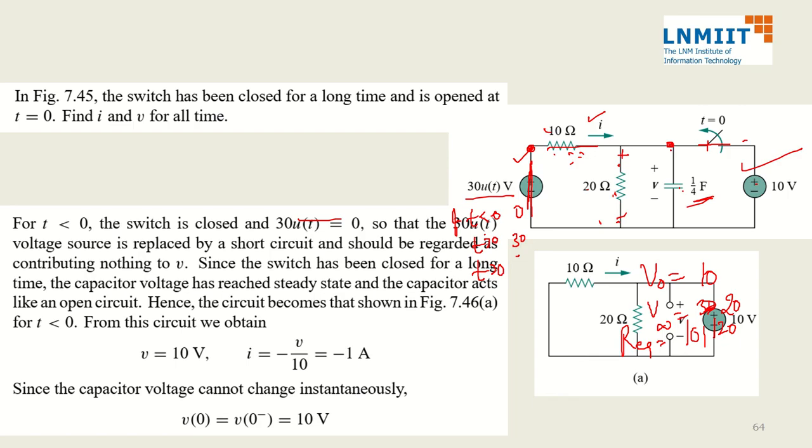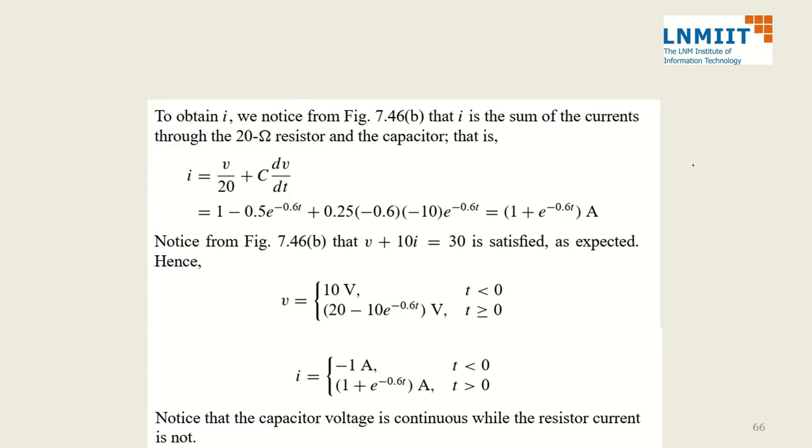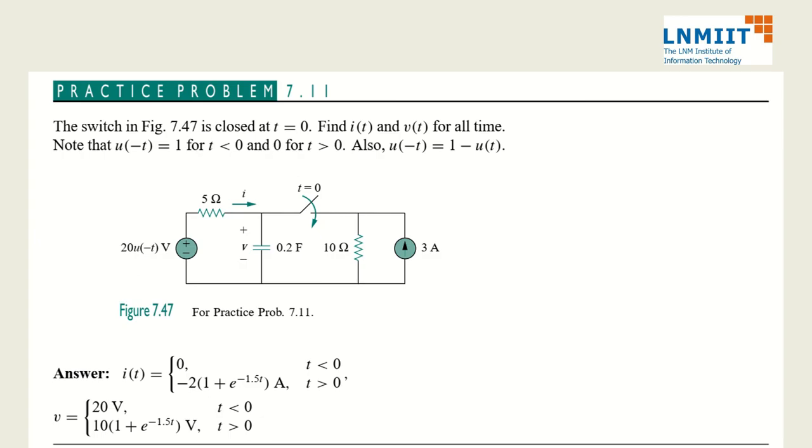I have the expression for Vt. I have 30. I can divide by 10 and I get I. If someone asks you what is the voltage across the 20 ohm resistor, that is the same as the capacitor. So remaining quantities can be easily calculated, and this is a similar exercise which you can practice.